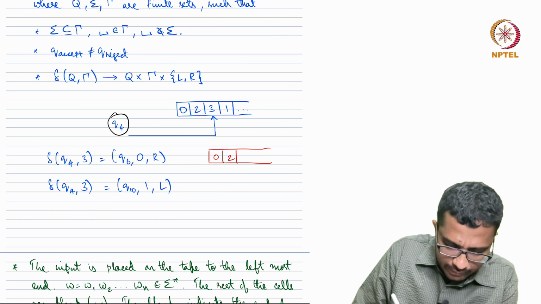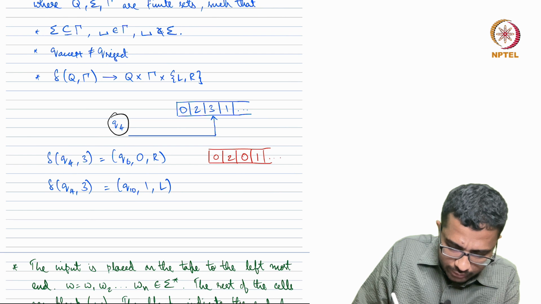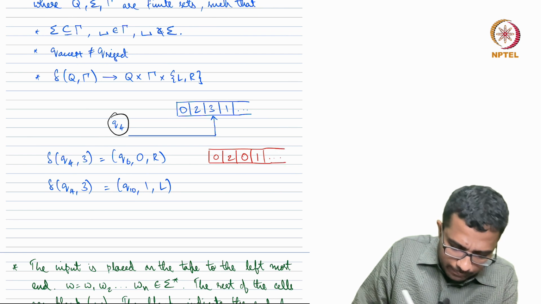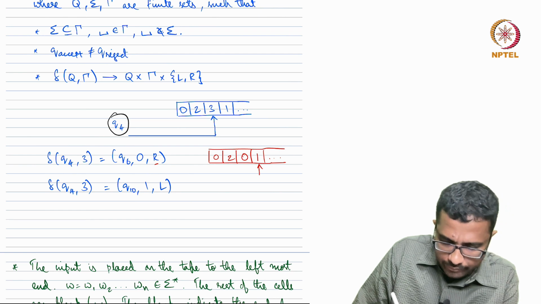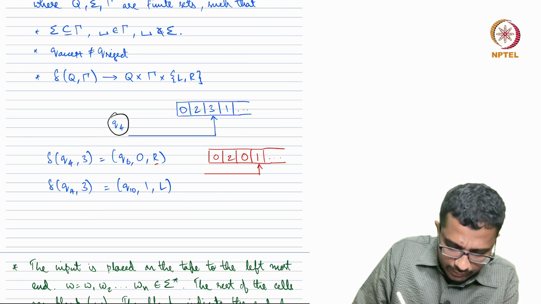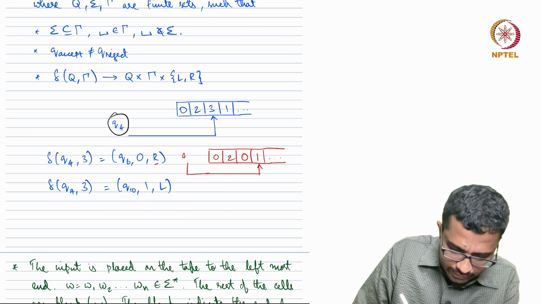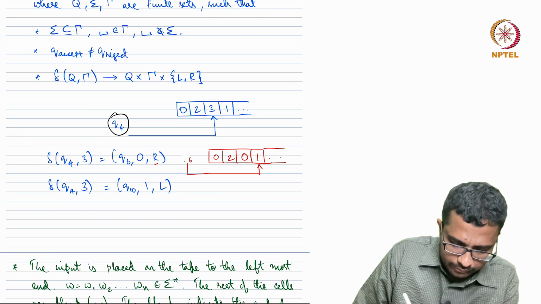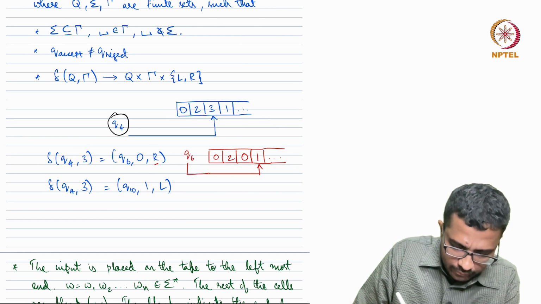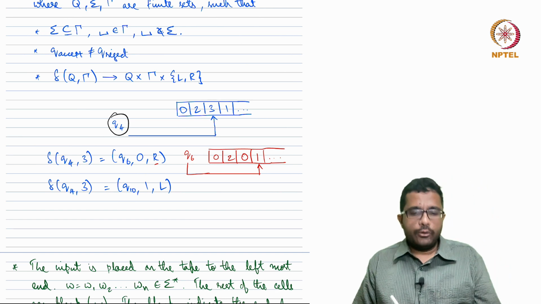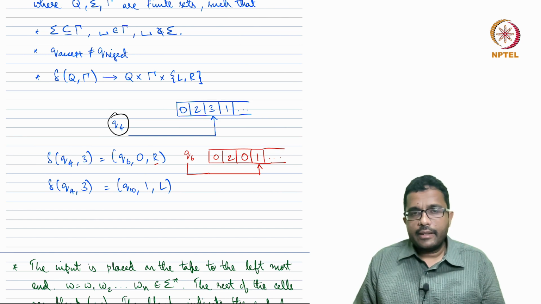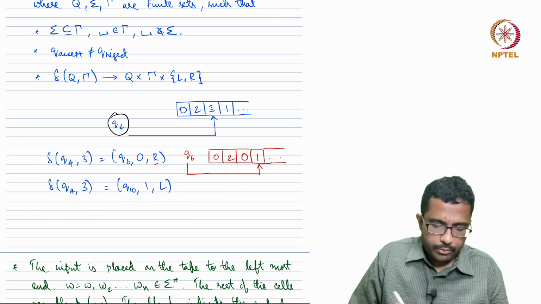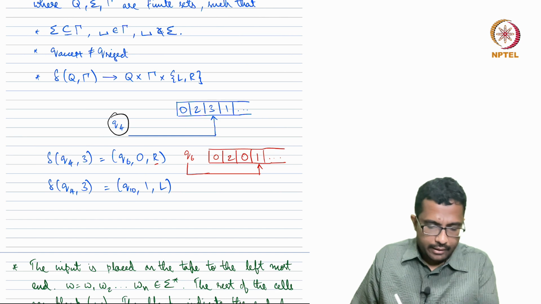So it reads as 3 and replaced by 0, and then the next cell is 1, that is all the same, and the tape head moves to the right, so which means the tape head is to the right, and the state is Q6. So if the rule delta Q43 was to write 0, move right, and then go to state Q6, then this would be the next situation.